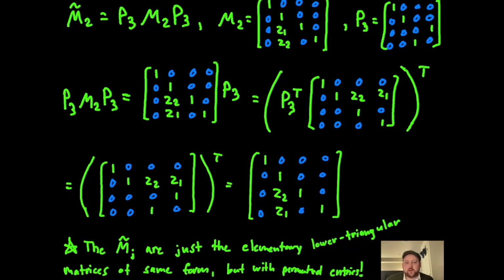P3, there's actually only two choices for what P3 could be, because P3 cannot permute the first two rows because of how it arose in the calculation. At the step that it's at, I'm only going to look for pivots that are below the proposed pivot position, or any row less than it. So when I get to P3, I'm not allowed to touch the first two rows.